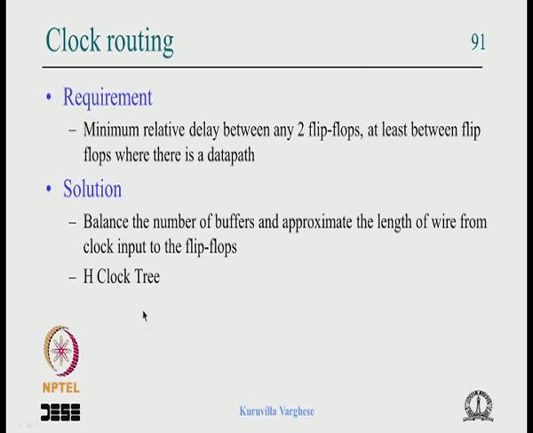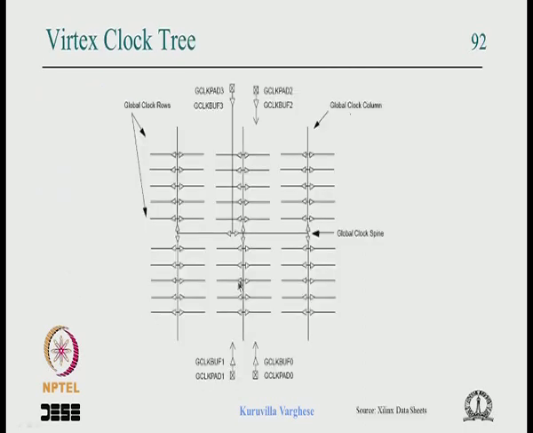Suppose there is a clock pin which is buffered at the beginning and comes vertically down, then goes horizontally like an H. Whenever you take a branch you put buffers, and from the vertical line each flip flop can branch out with buffering.